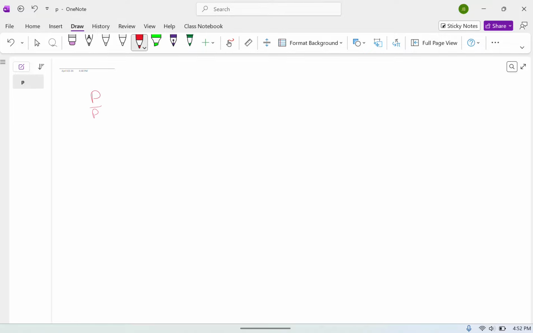So we have P over P0, P0 being sea level atmospheric pressure, and that is equal to 1 minus 6.8754 times 10 to the minus 6 multiplied by our altitude in feet, to the power of 5.2559.